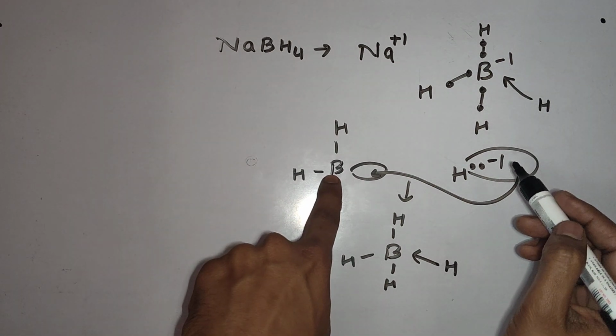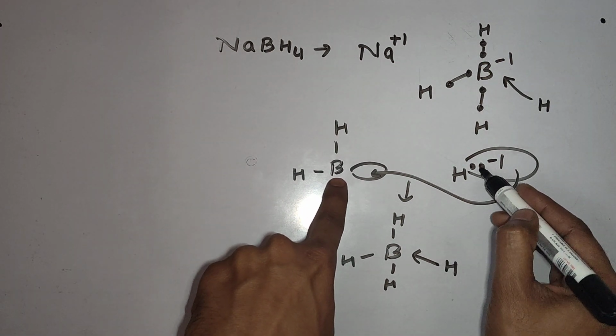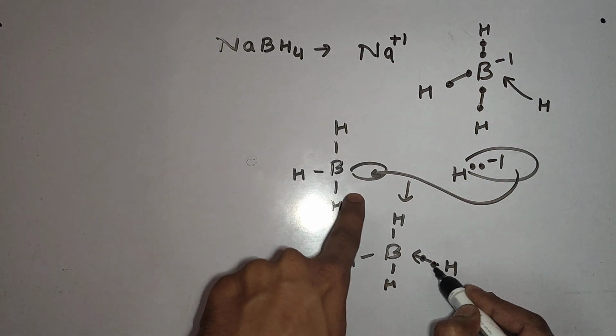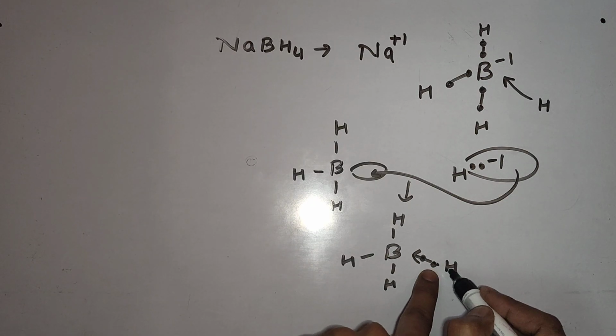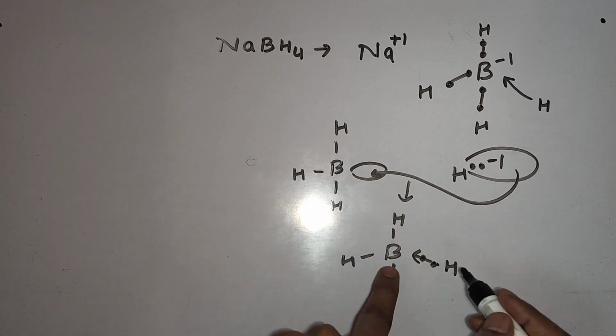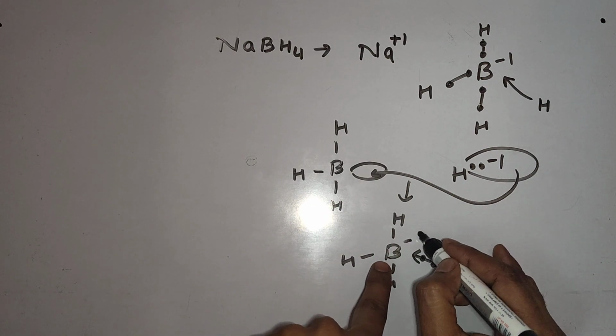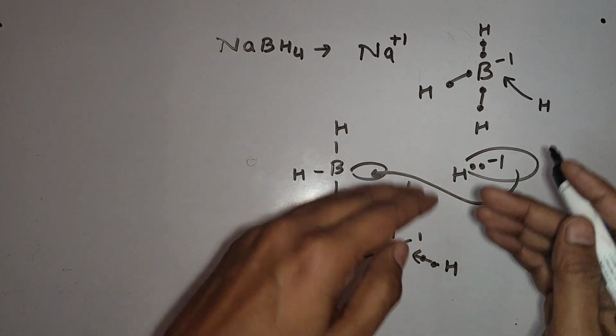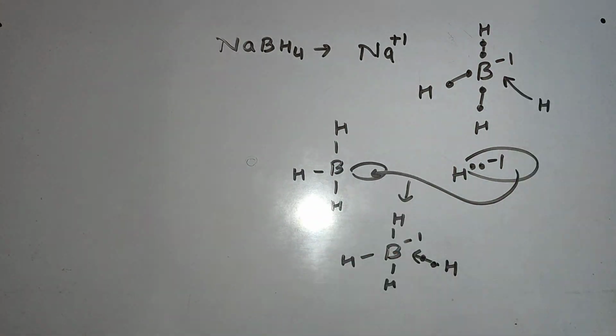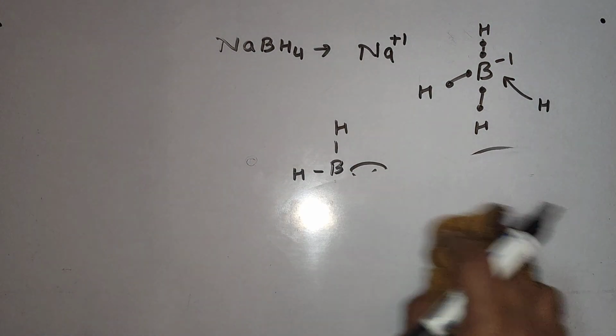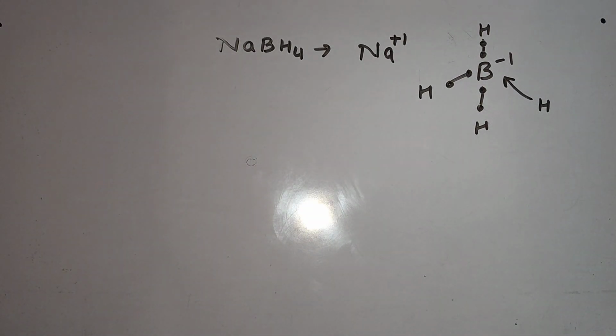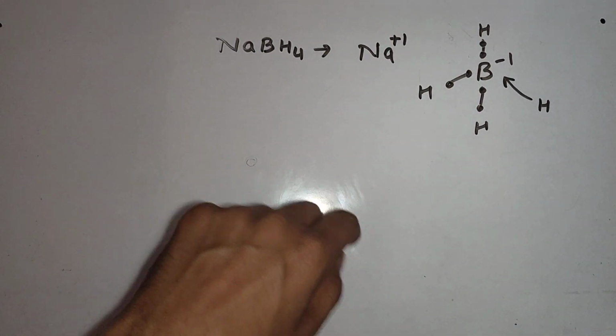Right now boron was neutral. After gaining one electron, you can check in this bond, one electron hydrogen will keep and one electron it will transfer toward boron. So boron is getting -1 charge. This is the condition of sodium borohydride. Now, in that reaction, what will it do?